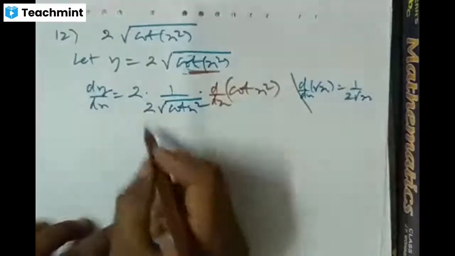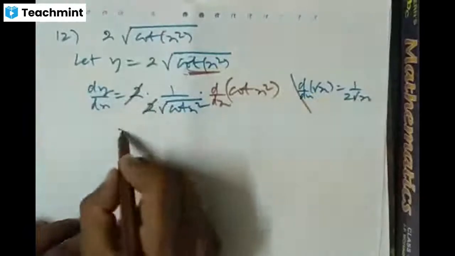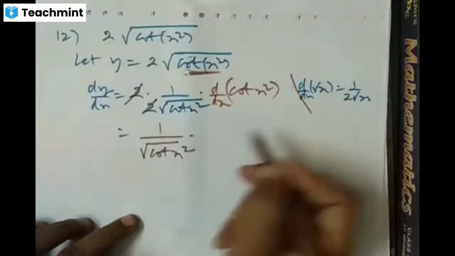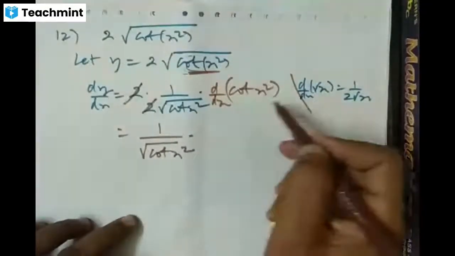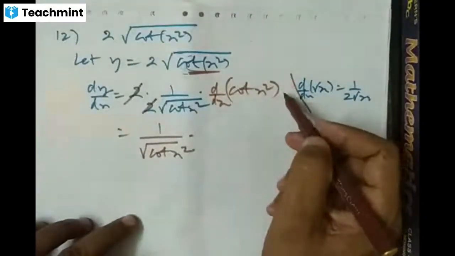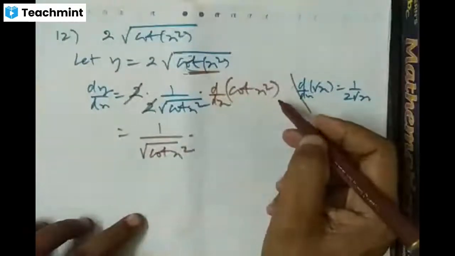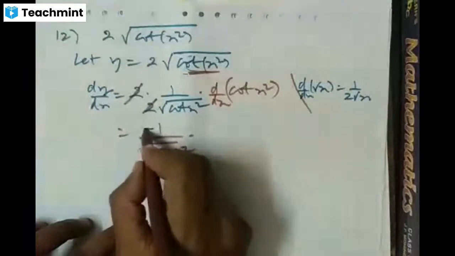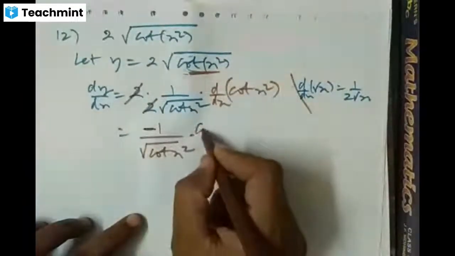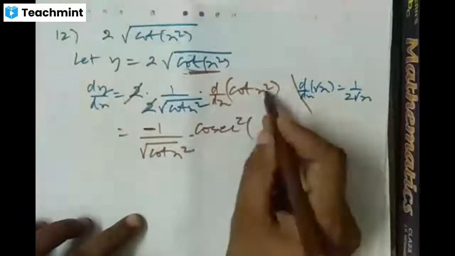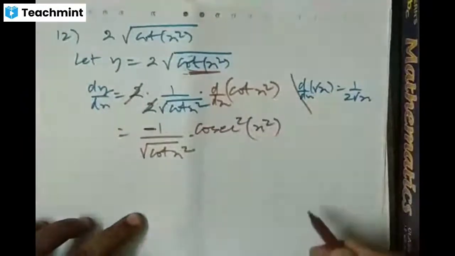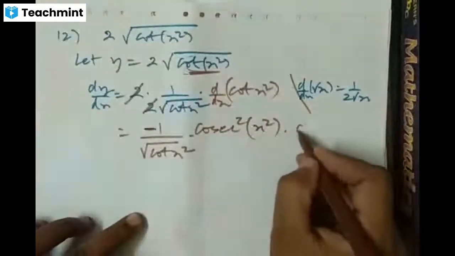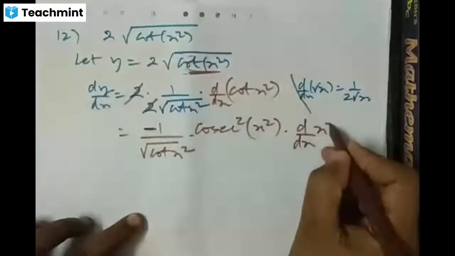Here you can cancel 2 and 2. So this is equal to 1 by root of cot of x square into the derivative of cot x. The derivative of cot x is minus cosecant square x, right? So here you write a negative sign, negative cosecant square of, but in place of x we have a function, x square, into d by dx of x square.